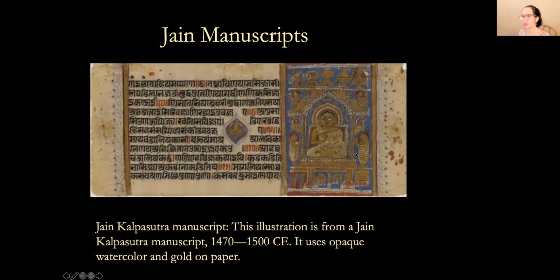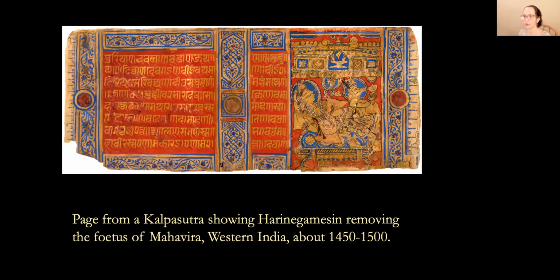There is not a lot of perspective, and the colors tend to be blues, reds, and greens, sometimes brownish yellows, as you can see here. And the features grow increasingly sharp and simplified over time. The only time we find frontal-facing figures is the jina himself. So that's just a few of the basic principles of the visual operations at work in these manuscripts, but I'll talk more and in more detail.